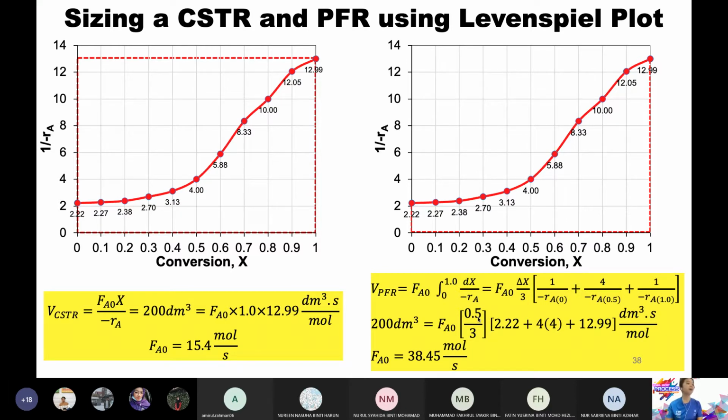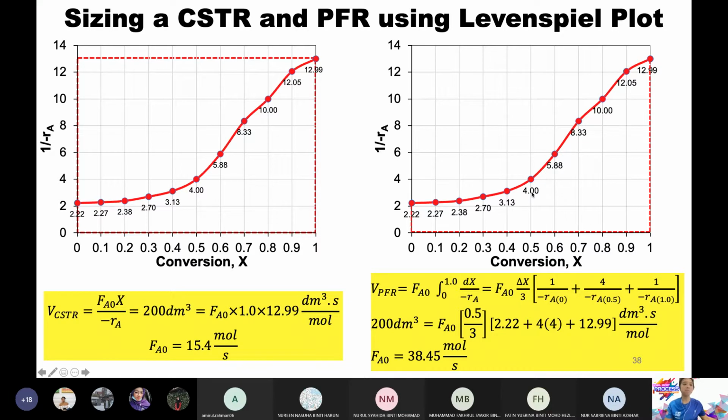Okay, so then divide by 3, in brackets 1 per minus RA at my bottom limit 0. When my X is 0, my 1 per minus RA is 2.22. Plus 4 times 1 per minus RA at my middle X, which is 0.5. At 0.5, my 1 per minus RA is 4.